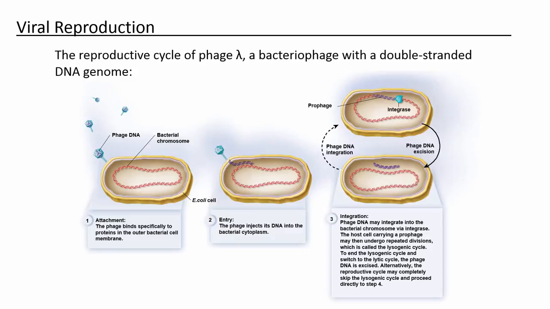So you're going to cut the DNA back out of the host cell genome. And then after you've excised the DNA, host cell enzymes make many copies of the double-stranded DNA molecule.